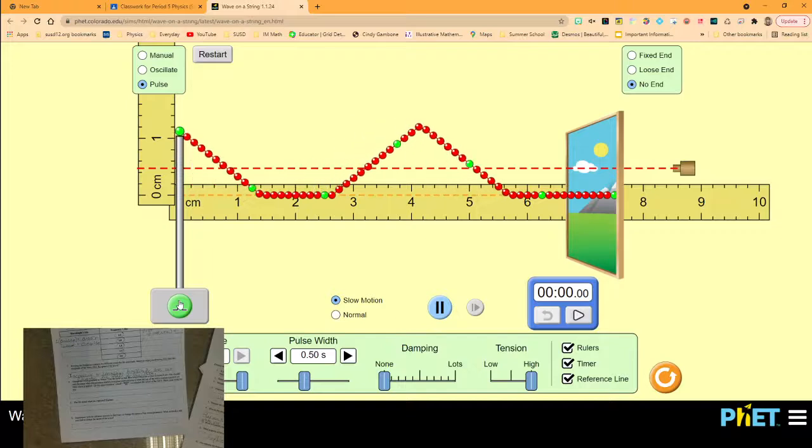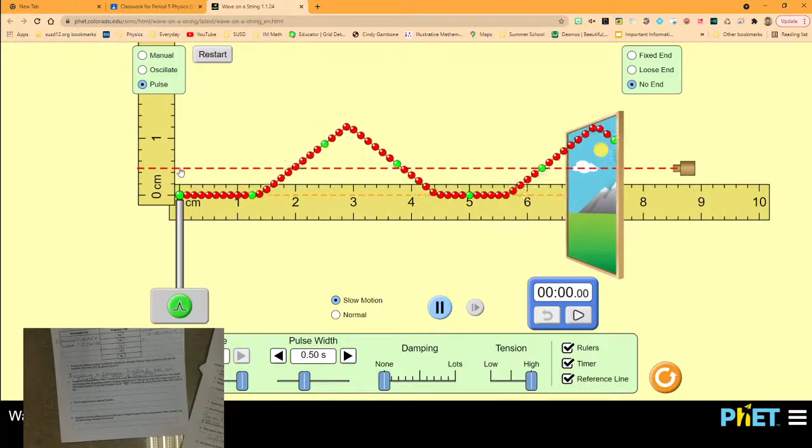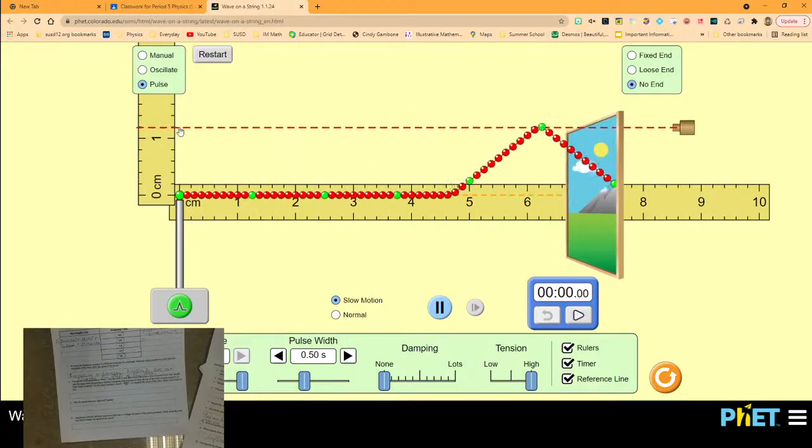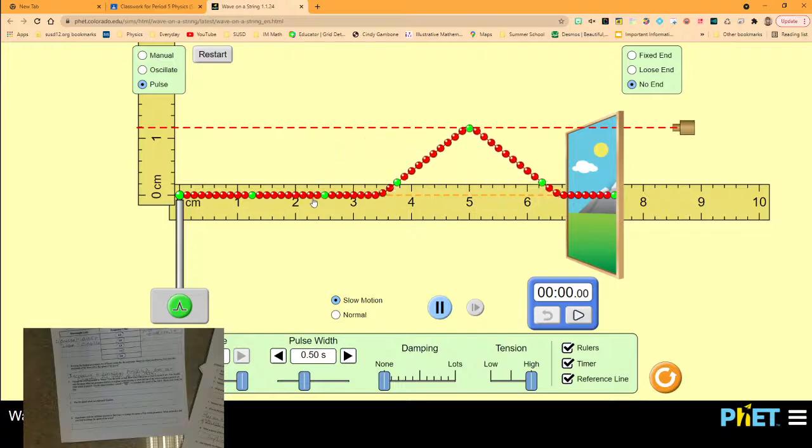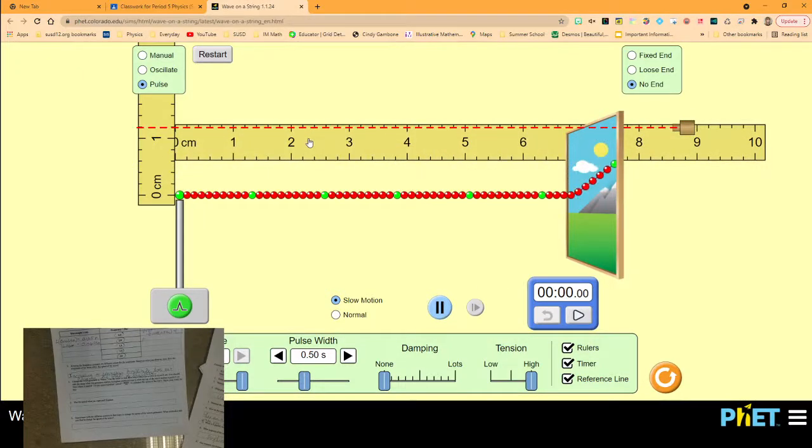One more time. 1.2. Did you see that? 1.2 centimeters was the peak. Okay, got it. And now I want to put my ruler here so I can measure 5 centimeters. Should actually be right there.